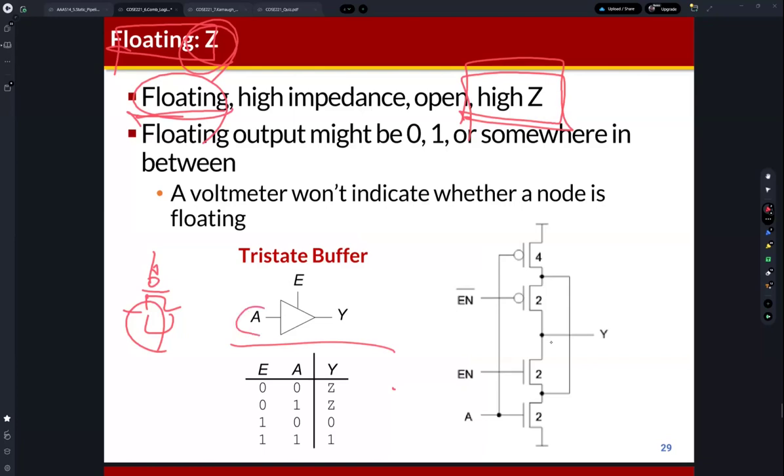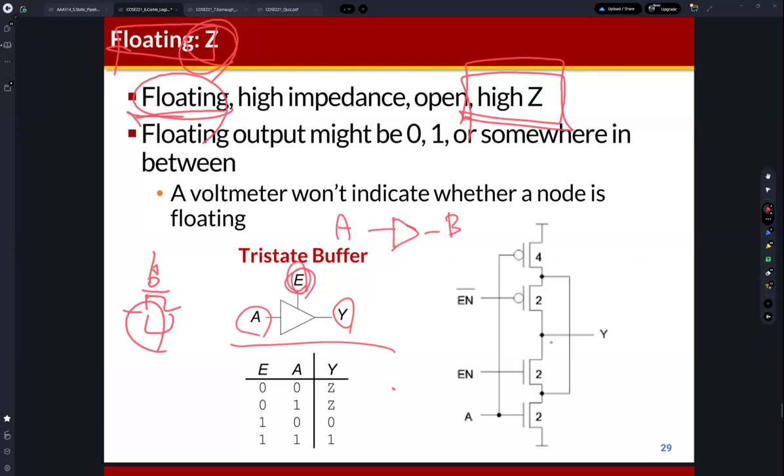So this is A, a driver, and this is the enable signal, and this is the output of this buffer. The symbol of this buffer is similar to the normal buffer from A to B, but we can find the control signal E, the enable signal.